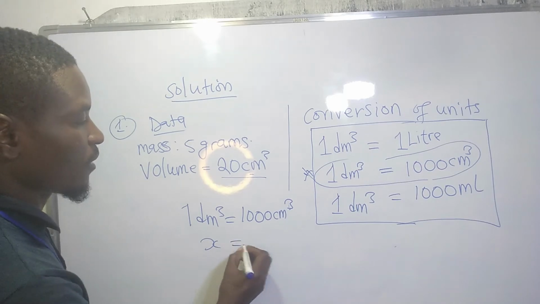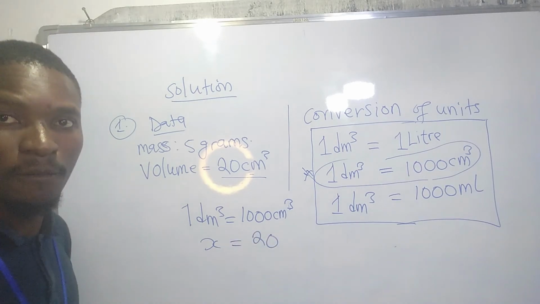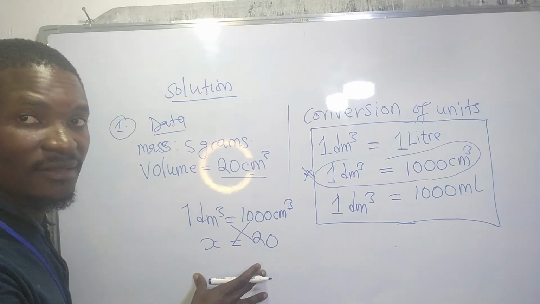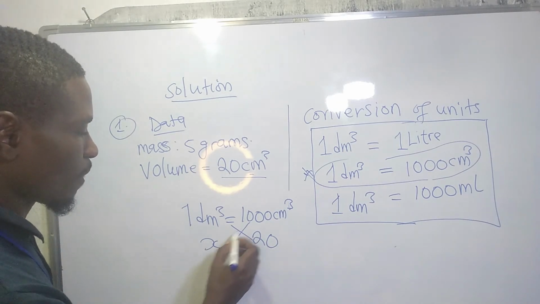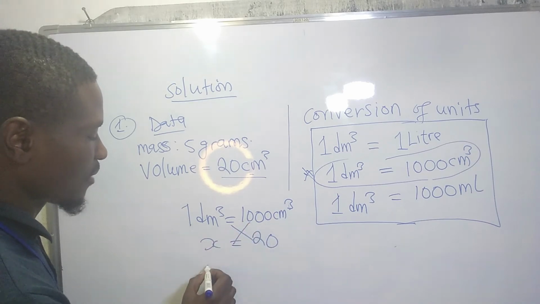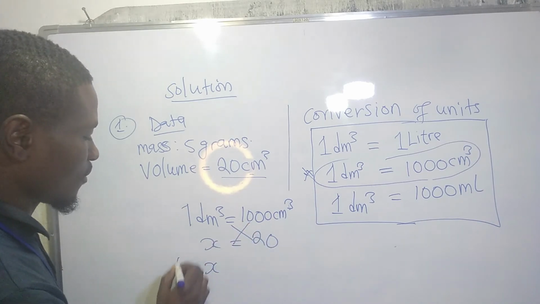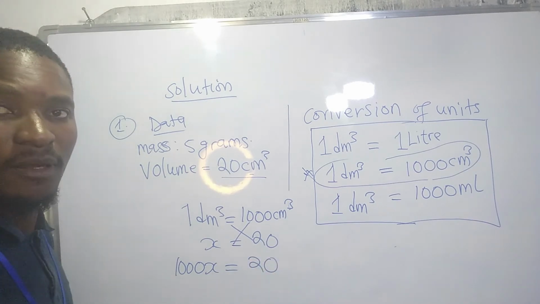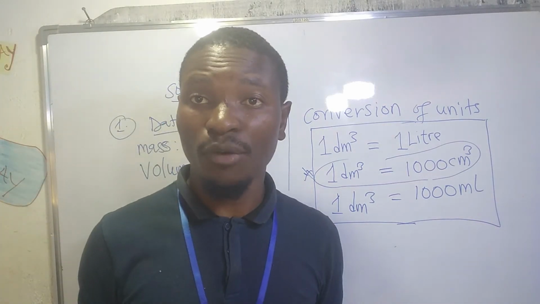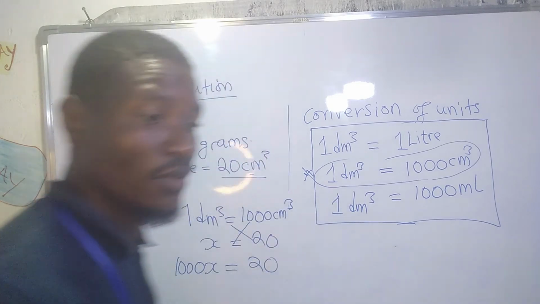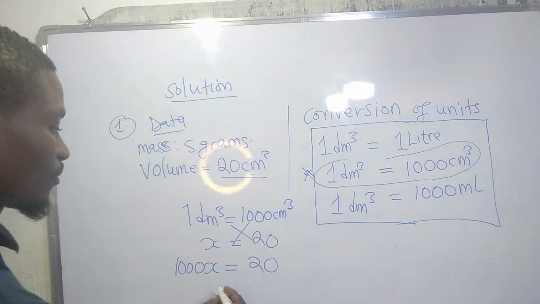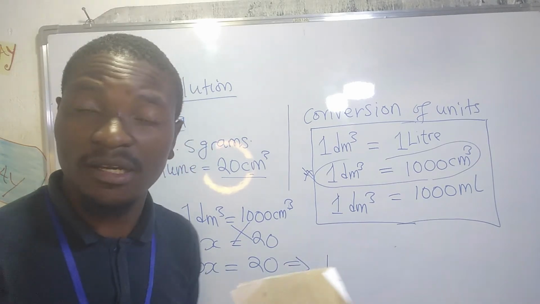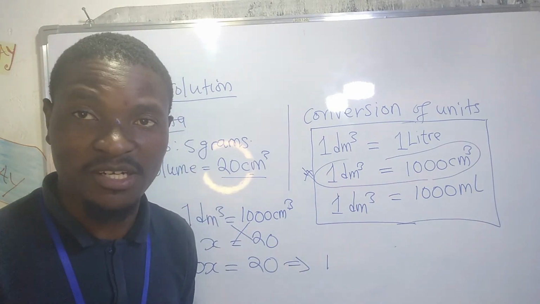So x equals 20. Then you multiply this by that, meaning 1,000 x equals 20. Then we divide both sides by 1,000, not by 2.